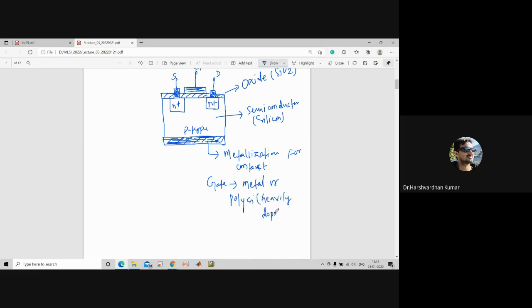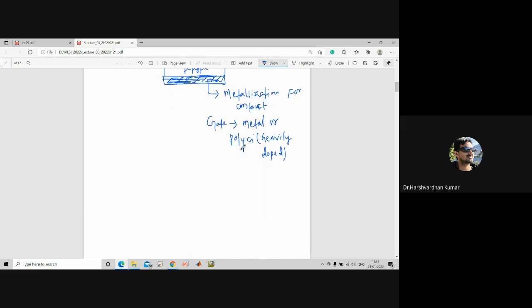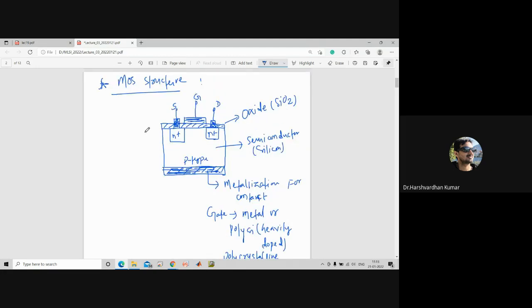Heavily doped means it will act as a perfect conductor, or it may be polycrystalline. Any doubt here?